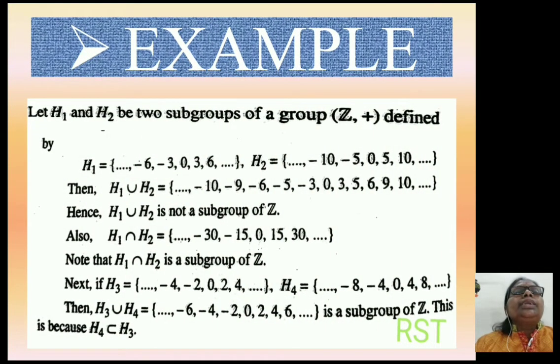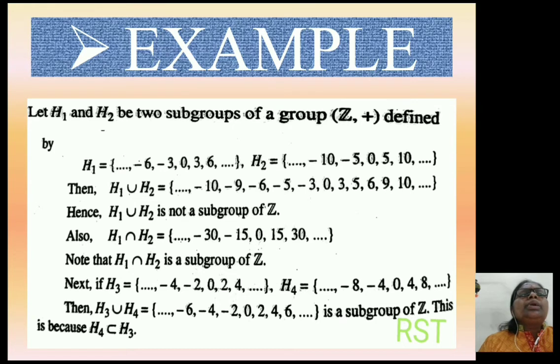Consider the example. Let H1 and H2 be two subgroups of group Z, plus, defined by H1 equal to the set ..., minus 6, minus 3, 0, 3, 6, ..., and H2 is another set equal to the set ..., minus 10, minus 5, 0, 5, 10, .... Here we have assumed that H1 and H2 are two subgroups of the group Z, plus.